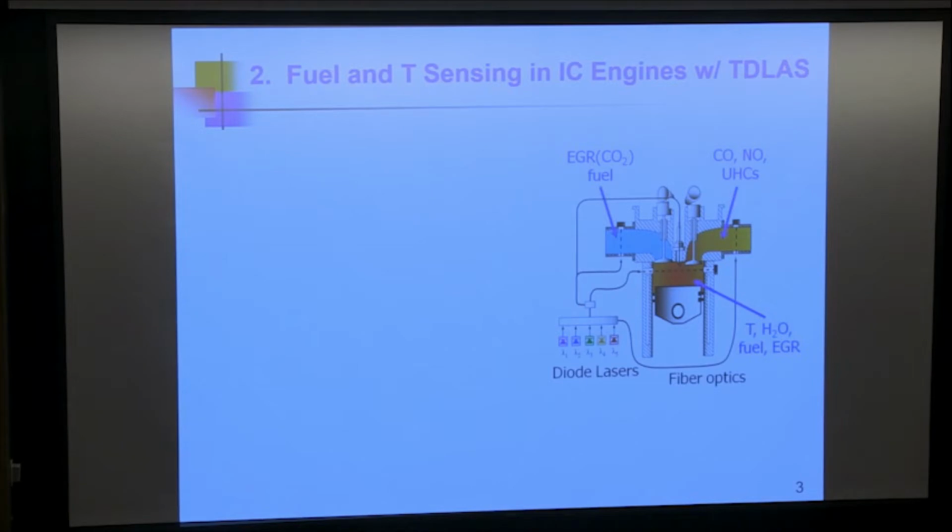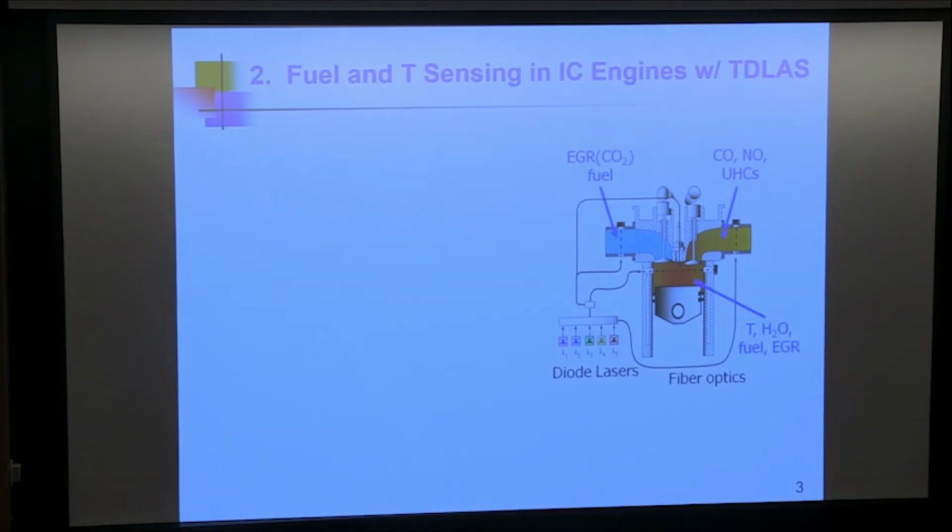So here's the idea with IC engines. This was analogous to my idea of using diode lasers to probe different parts of the scramjet. I can imagine a suite, they call it a suite of diode lasers, different colors, different wavelengths, propagated by fibers, either to probe the inlet manifold where you might want to worry about EGR, where you might want to worry about fuel. Water is especially important also for some applications.